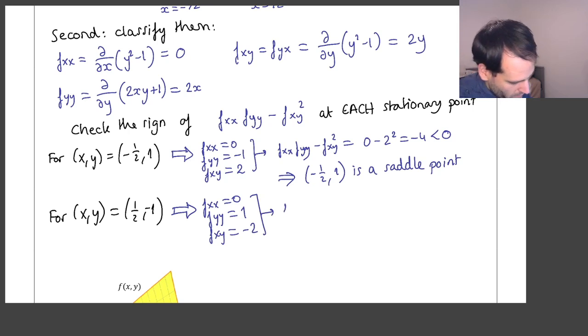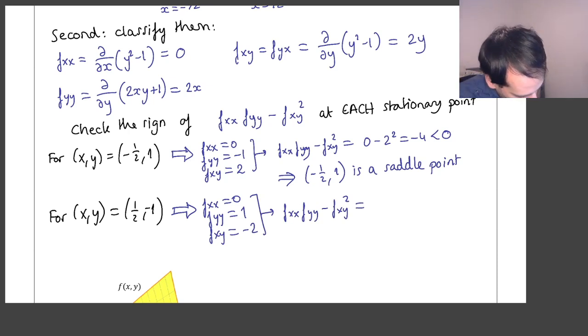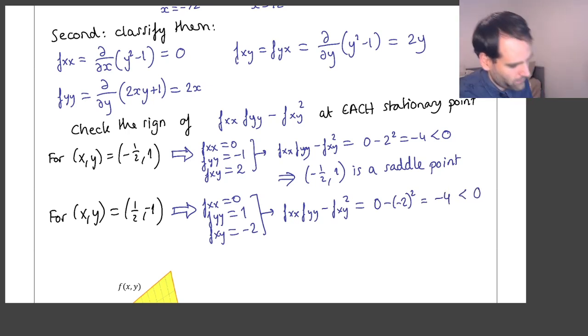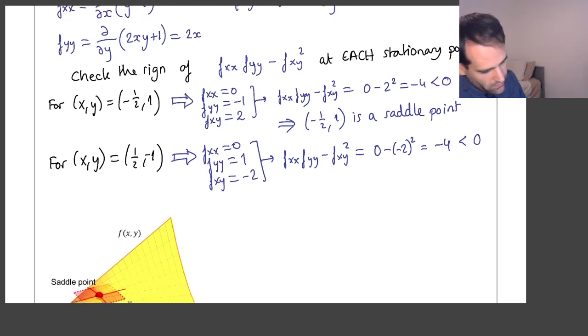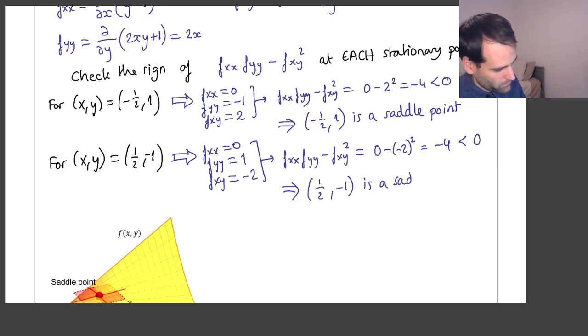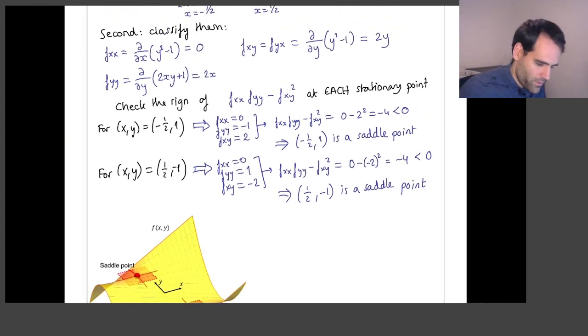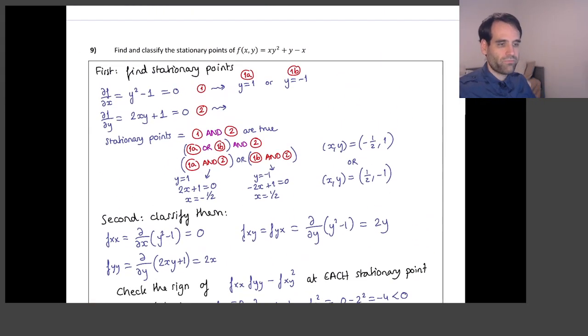So now we calculate the term fxx times fyy minus fxy squared, which is equal to 0 minus 2 squared, which is minus 4, which is negative. And therefore, because this term is negative, the point (1/2, minus 1) is a saddle point. And with this, we have finished our problem.